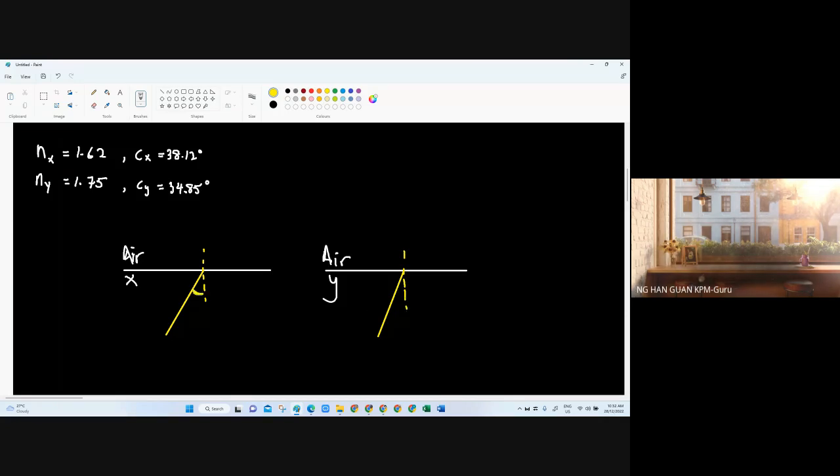Okay. Here is the incident angle. This is the incident angle. So let's say both incident angles here are 30 degrees. So 30 degrees, 30 degrees in this case. All right. So what happens for this medium x?